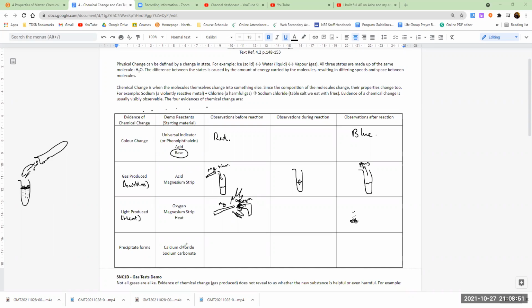Precipitate forms. So I didn't have calcium chloride and sodium carbonate. So instead I used potassium iodide with lead nitrate. And what that did was, as I said, when I mix it together, I fixed the concentration so that it would immediately create this yellow film, like it made the colorless liquid thick yellow.